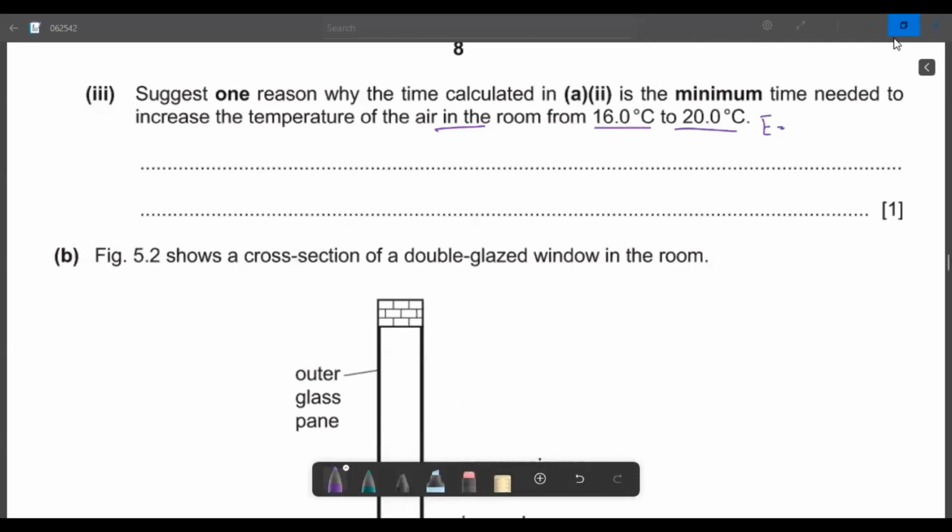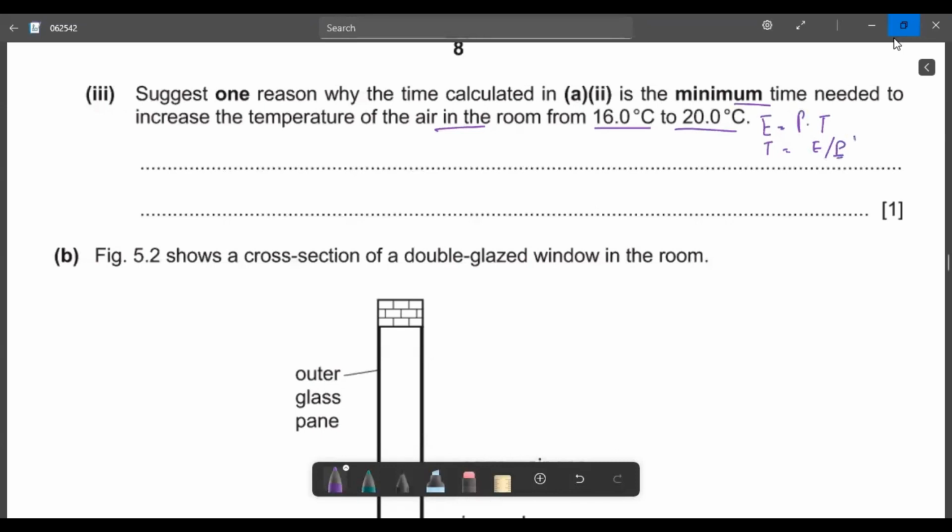So just one reason why the time calculated in A2 is the minimum time needed to increase the temperature of air in the room from 16 degrees Celsius to 20 degrees Celsius. Here energy is power into time. Time can be written as energy by power.